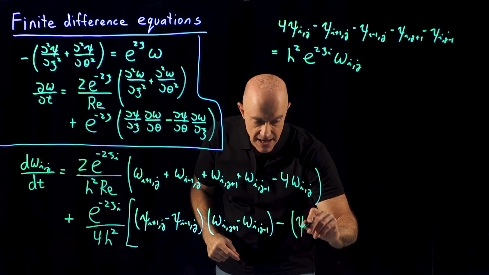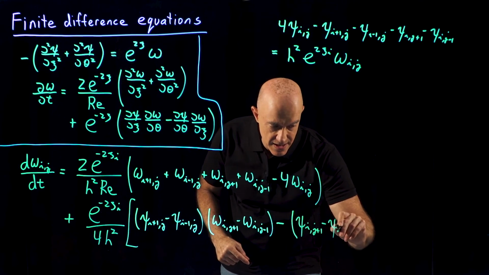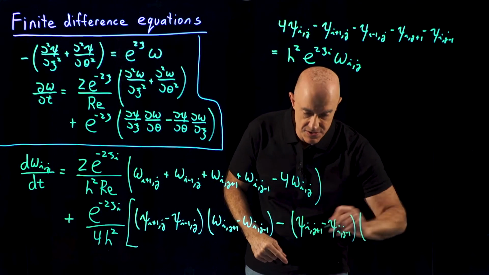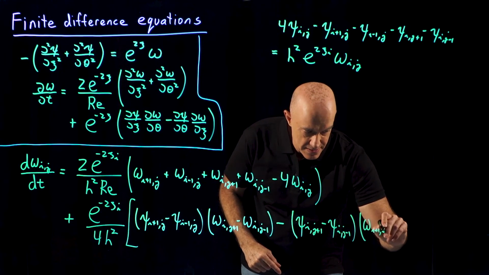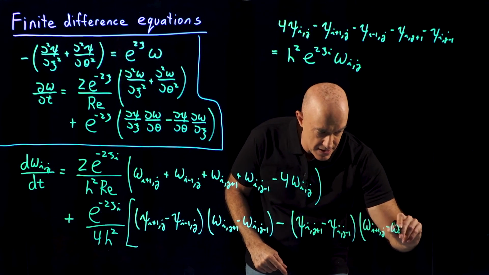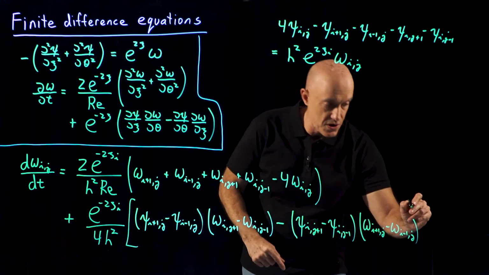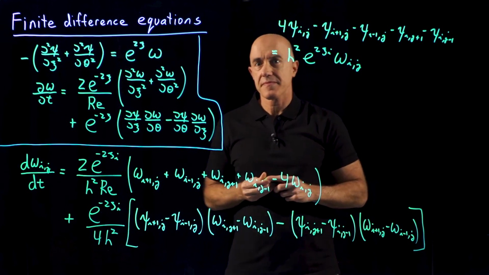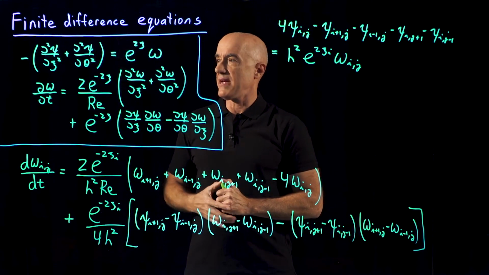So that will be psi i,j+1 minus psi i,j-1. And then the derivative of omega with respect to psi will be omega i+1,j minus omega i-1,j, and then we close the bracket. Okay? So that should be the correct finite difference approximations.